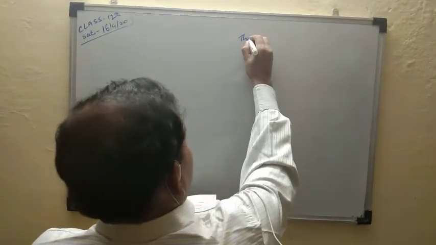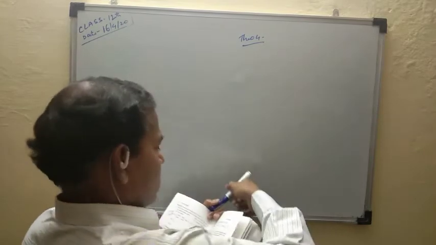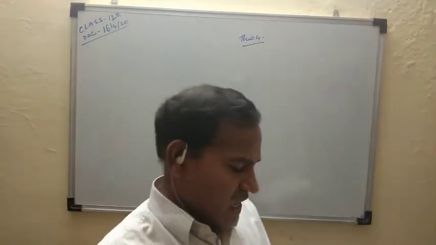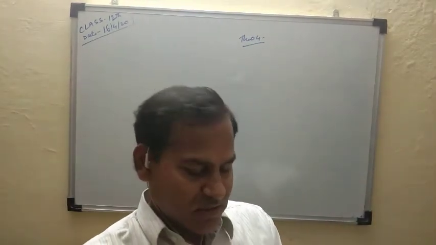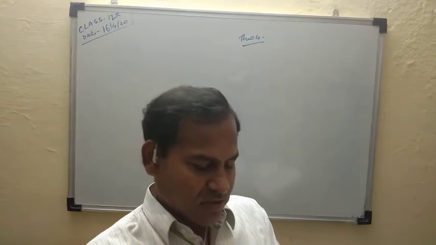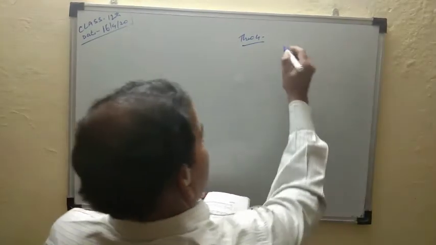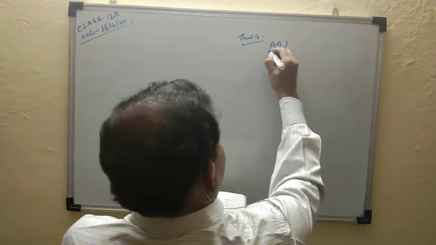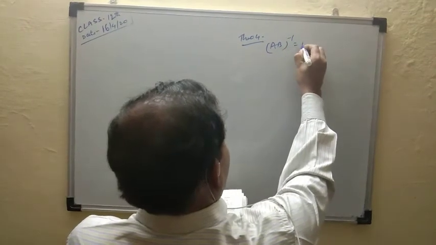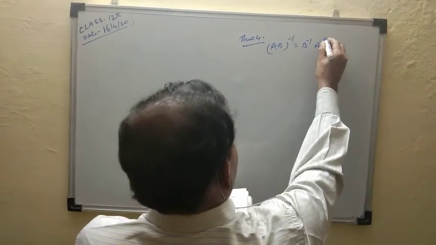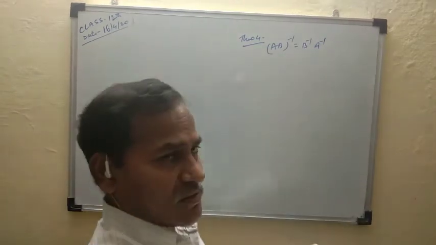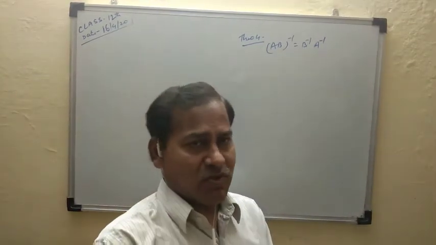Theorem 4. If A and B are invertible matrices of the same order, then show that A into B whole inverse is equal to B inverse A inverse. Here A and B both are invertible matrices.